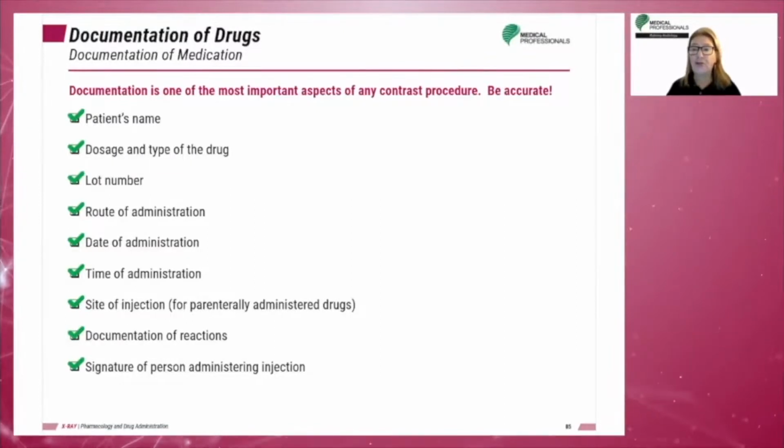It should include the patient's name and medical record number, if it is available, the dosage and the type of drug administered, the lot number of the drug administered, the route of administration, the date of administration of the drug, the time of administration of the drug, the site of injection for parenterally administered drugs, documentation of any reactions after administration of the drug, and the signature of the person administering the injection.